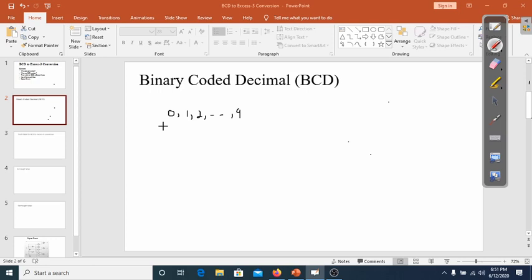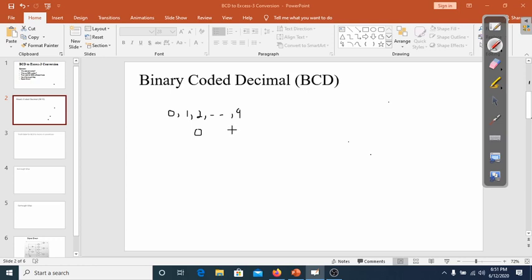They understand 0 to mean the switch is off, and 1 to mean the switch is on. Now corresponding to these numbers, if I want to describe these 9 numbers, how many binary bits are required? Here we have 10 decimal digits, so corresponding to each decimal digit, we assign 4 binary bits.